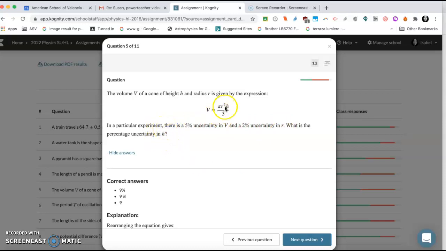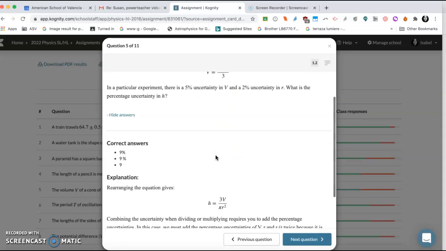Step 1. Rearrange the equation to make h the subject. So h equals 3V over pi r squared. If the percentage uncertainty in V is 5 and the percentage uncertainty in r is 2, what we need to do here is first find the percentage uncertainty in r squared.